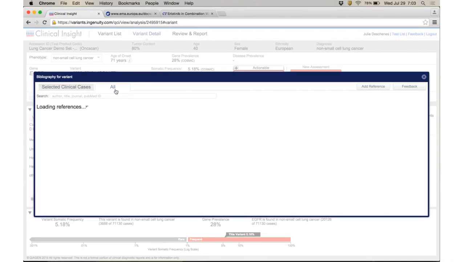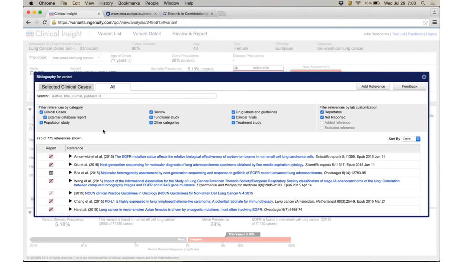The All tab will provide you at the very top a section where you can filter the type of bibliography. You also have a search box that will allow you to search for author, title, journal, PubMed, and so forth. And you can simply decide to look into the type of references. So we have over 700 references for this specific variant in the gene.